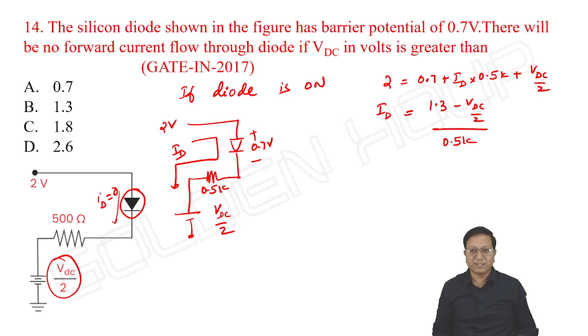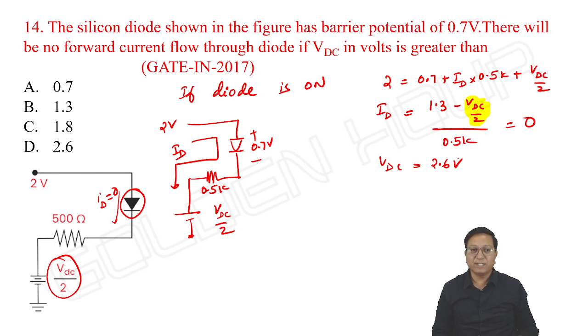But to be frank, what they are asking is, what is VDC so that ID is 0? For ID to be 0, what might be the value of VDC? If ID is 0, then VDC is equal to 1.3 into 2, that is 2.6 volts.